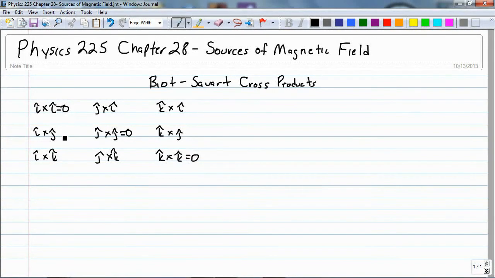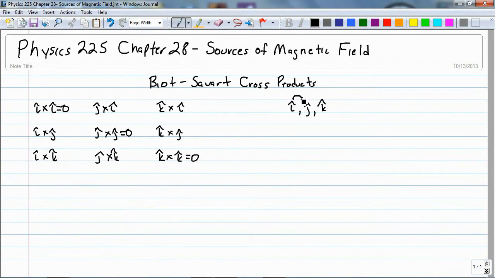And now we can come up with some of these factors to figure out which direction our vector is going to be going. In this case, whenever things are in alphabetical order, you have i, j, k, and we're going to do a round robin.